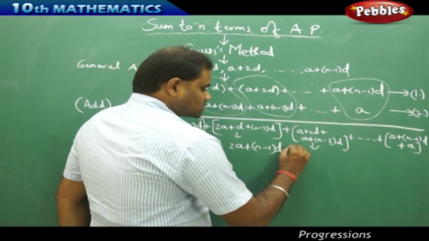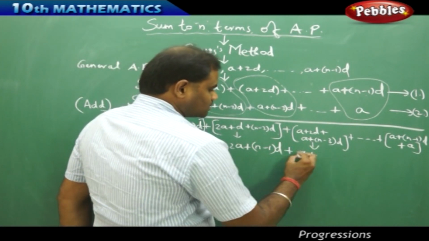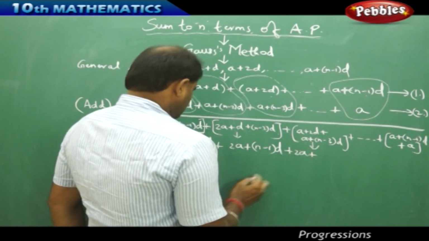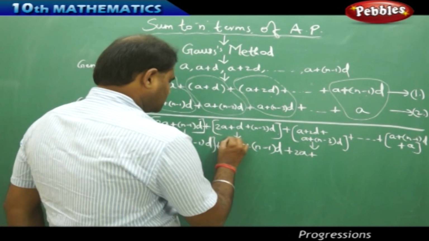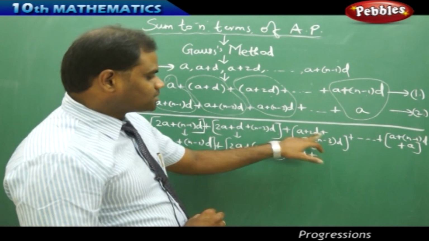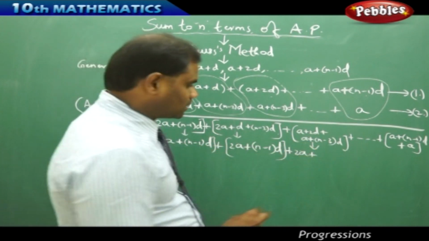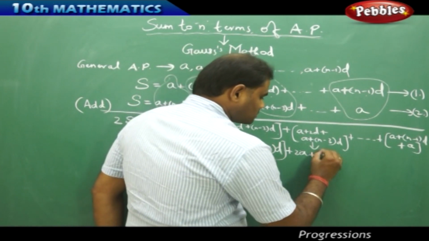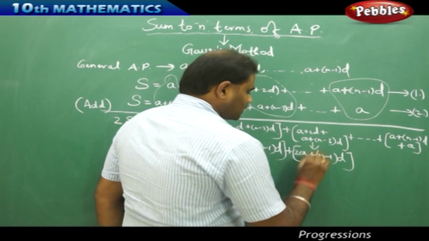The next gives me a plus a, which is 2a, and taking d common, n minus 3 plus 2 is again n minus 1. So this also gives me the equal term, n minus 1 times d.